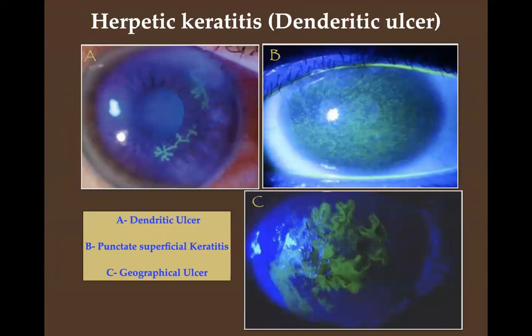This is the dendritic ulcer with different types of presentations. In the upper photos, A and B, B shows diffuse punctate epithelial erosions or punctate superficial keratitis, which is one of the modes of presentation.